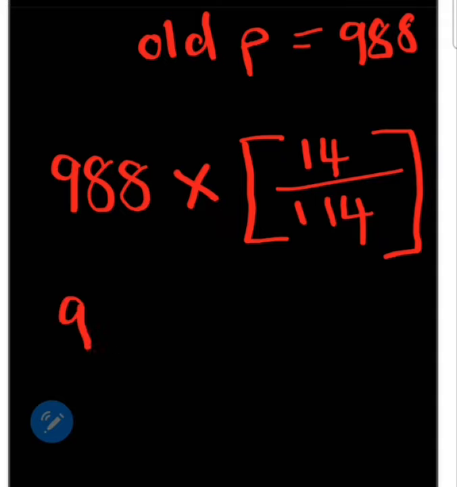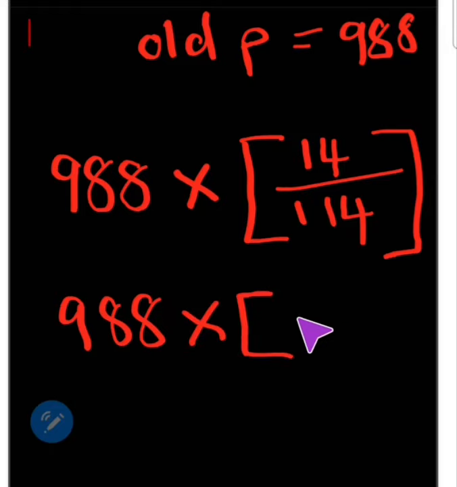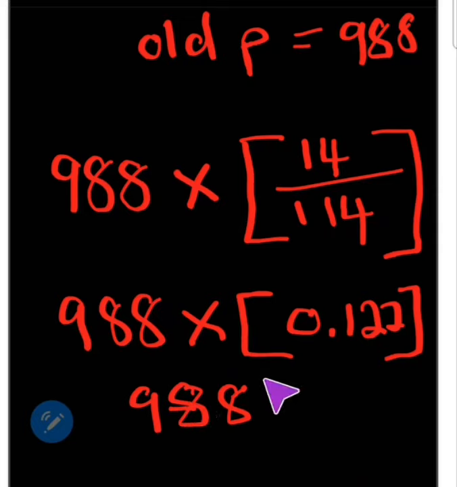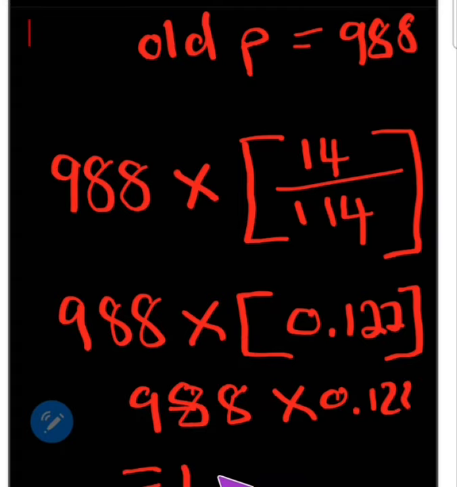So let's work that out. You should be getting an answer of 0.122. Our final answer should reach 121.33 if you work it out.